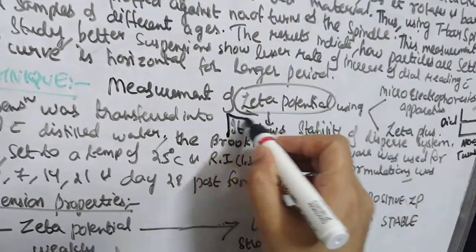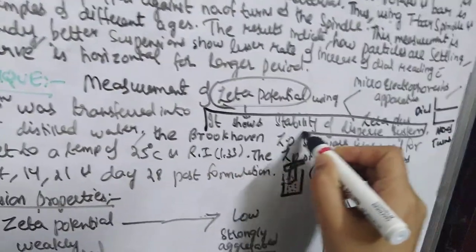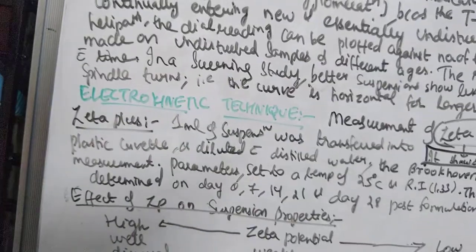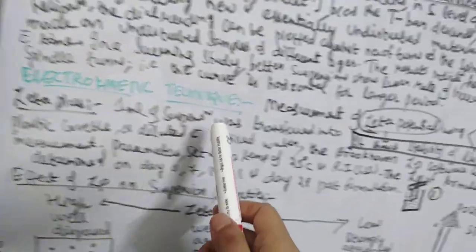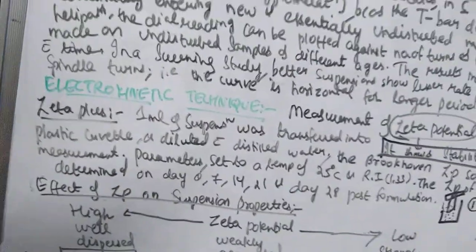The zeta potential shows the stability of a dispersed system. The measurement of zeta potential is important because it will show you the stability of the dispersed system. So 1 ml of suspension was transferred into a plastic cuvette, and then it was diluted with distilled water.